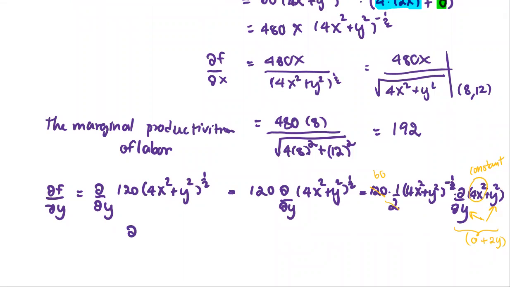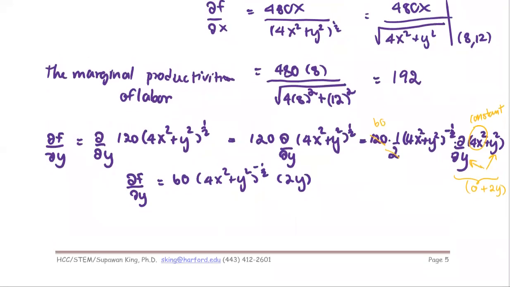So the partial of the product with respect to y, or with respect to the capital, equals 60 times the quantity 4x squared plus y squared to the power negative 1/2, and then multiply by 2y.